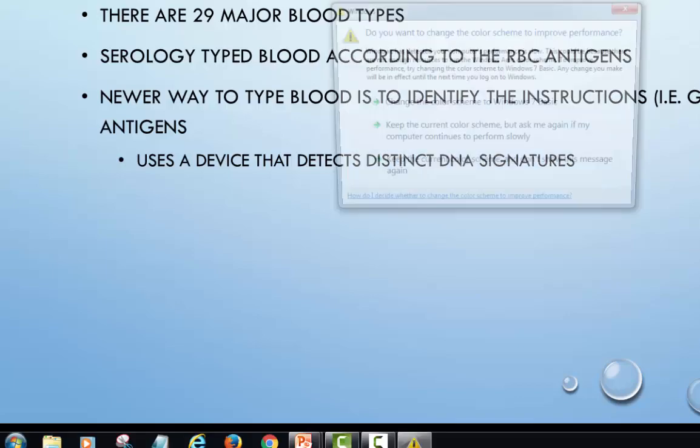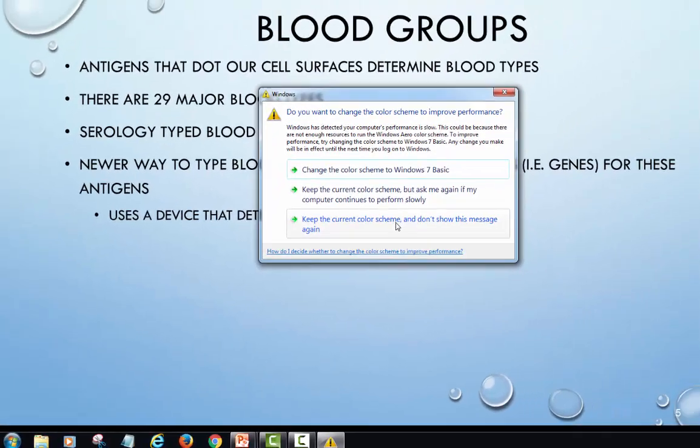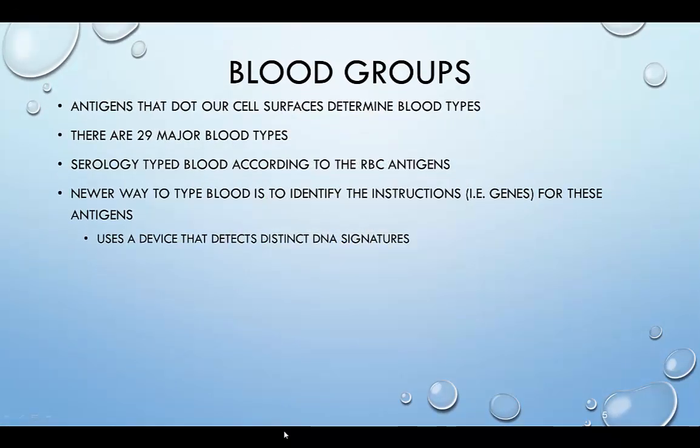So we know that we have blood groups. Antigens that dot our cell surfaces determine our blood types. There are about 29 major blood types, and serology types blood according to the red blood cell antigens.